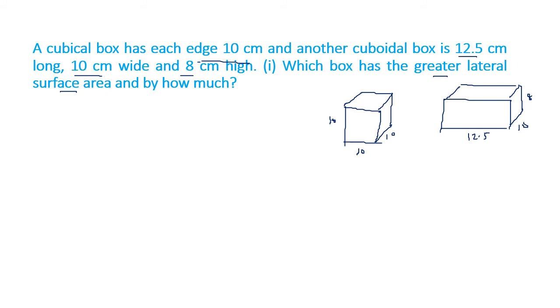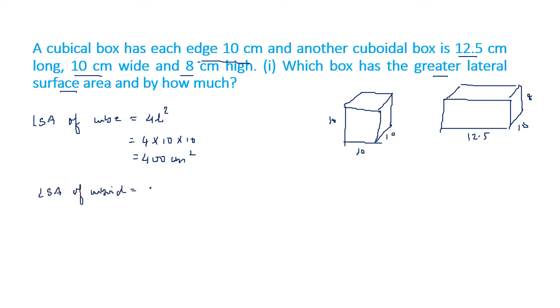Okay, so lateral surface area, LSA of cube, is 4L square. So 4 into 10 into 10 is 400 centimeter square. LSA of cuboid equals 2H bracket L plus B. So 2 into 8 bracket 12.5 plus 10, which is 22.5.